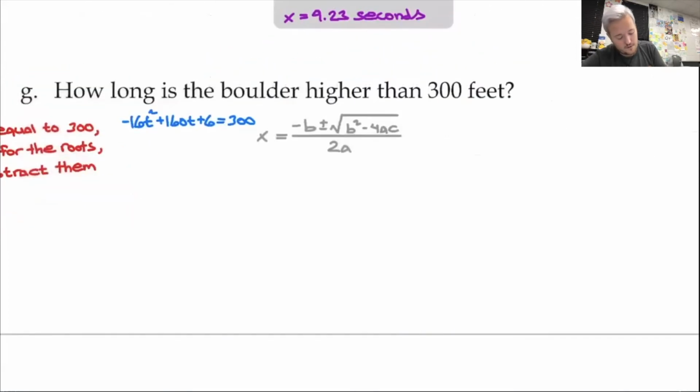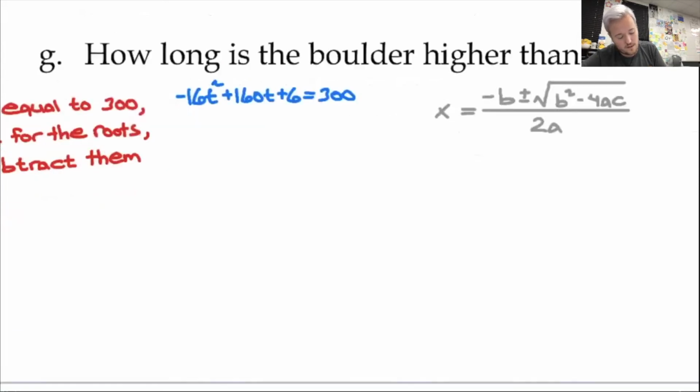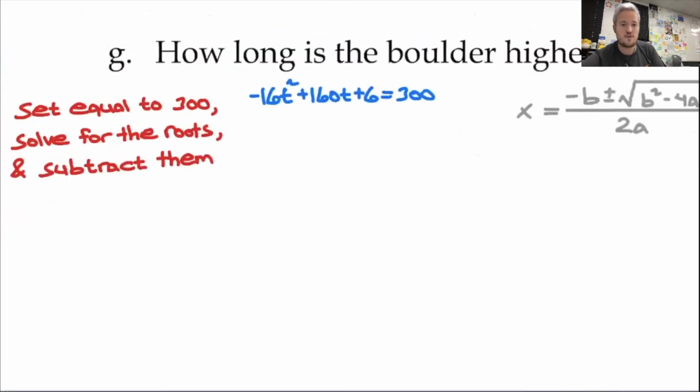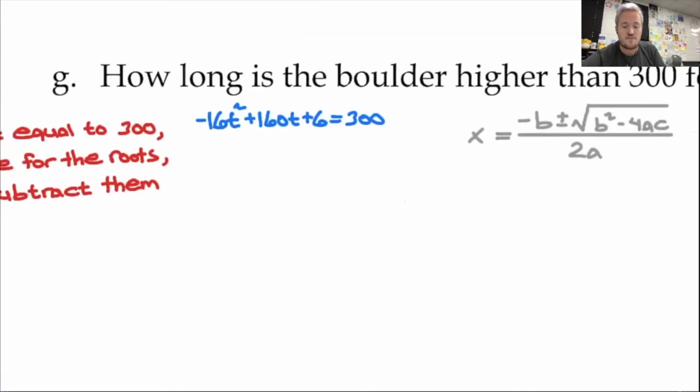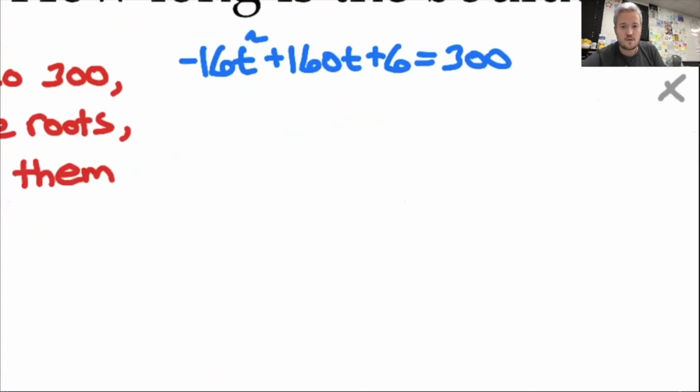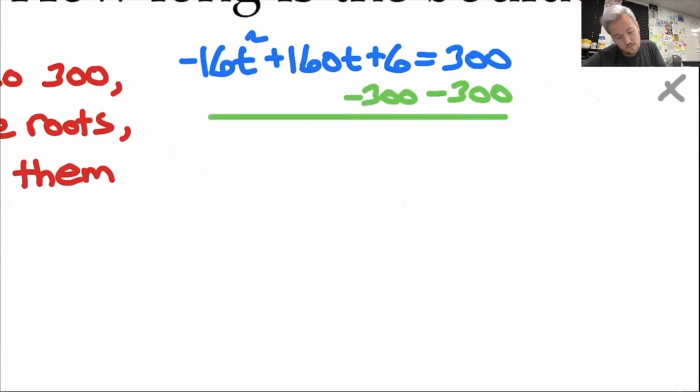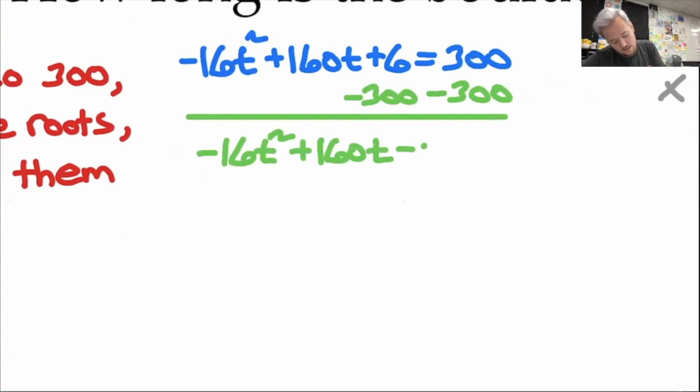Yeah, so disclaimer, this question is going to be a lot, but it's just another step more than what we did in part F. Okay, so let's convert this bad boy to standard form. So subtract 300. So we're going to have negative 16t squared plus 160t minus 294 equals 0.